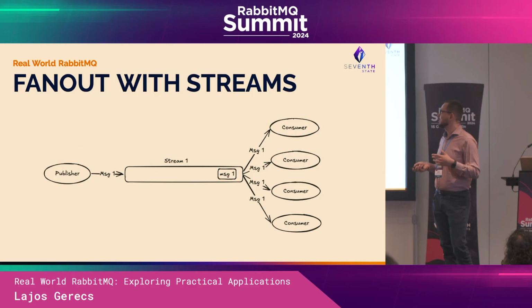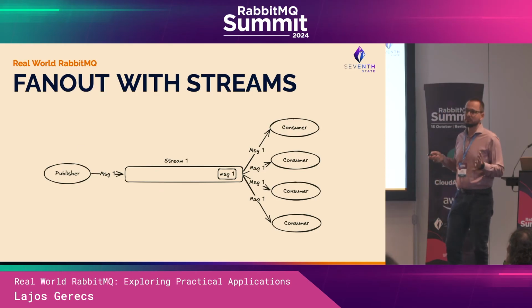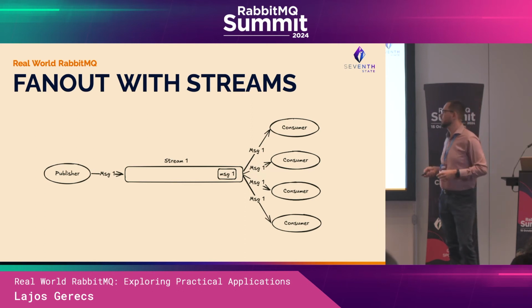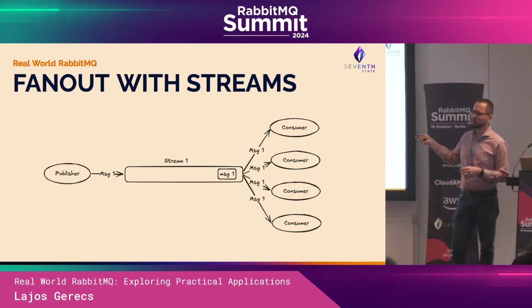This is one of the main use cases which streams resolve in RabbitMQ, which was not really possible to do with Rabbit before, because now I can publish a single message into the stream. It will be replicated to all the cluster nodes, and then the consumers just read from the local stream, which results in lower latency. There is no message duplication, and the performance is much better than with queues.